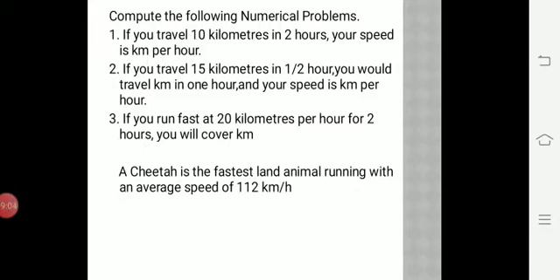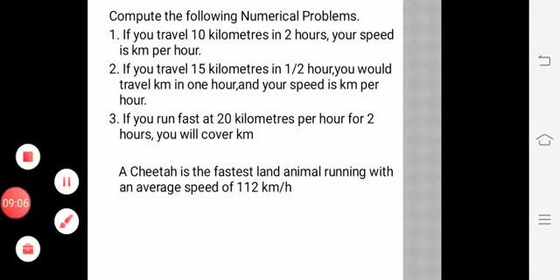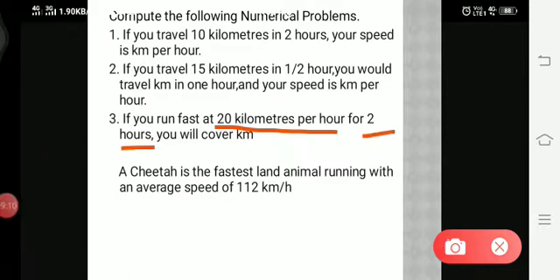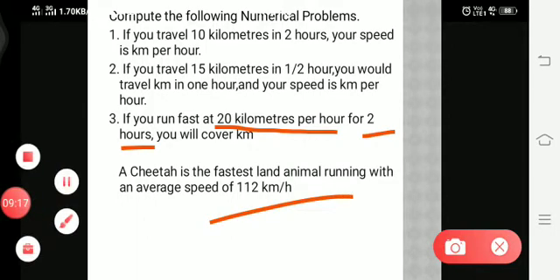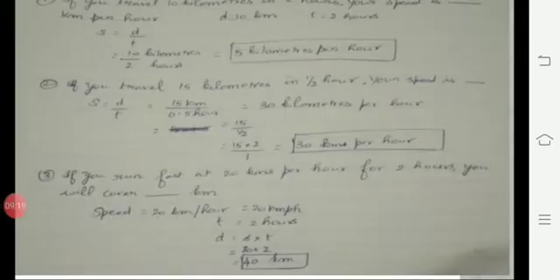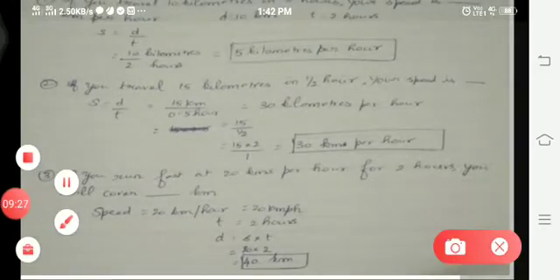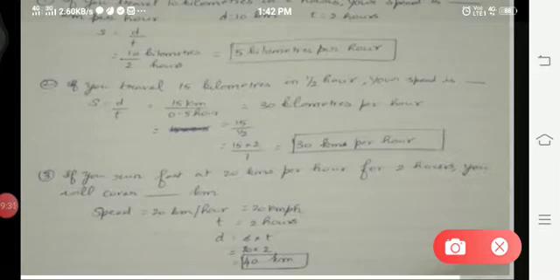Third question: if you run fast at 20 km per hour for 2 hours, you will cover how many kilometers? So what is the answer? So third question I have tried. So look at the third answer. Speed equal to 20 km per hour.